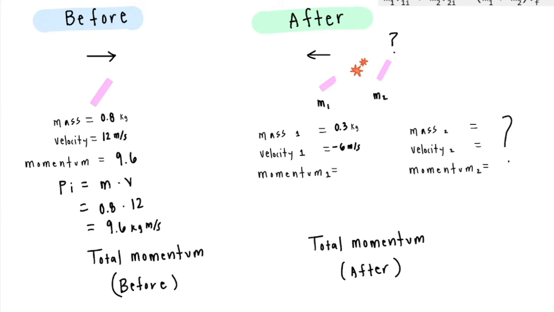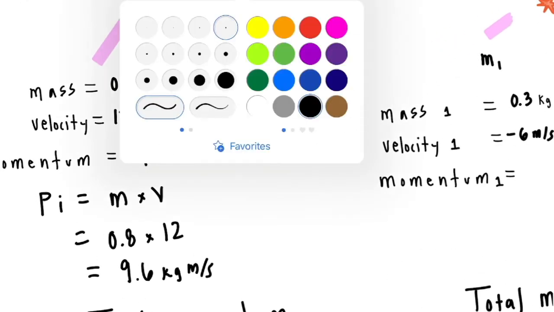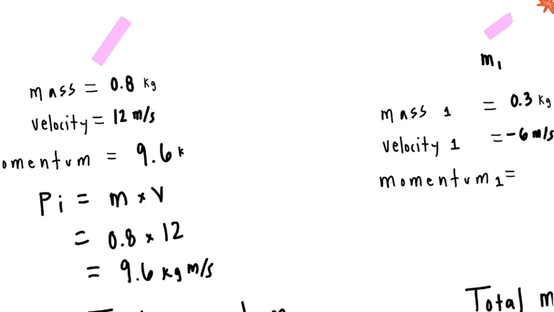I guess I should use the times symbol so that it doesn't look like decimals. All right, so 9.6, and our units are kilogram meters per second.